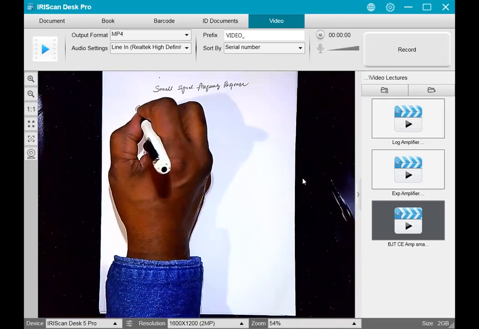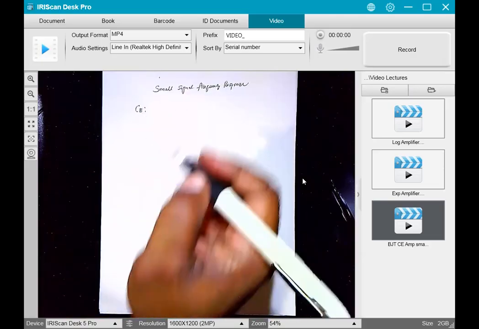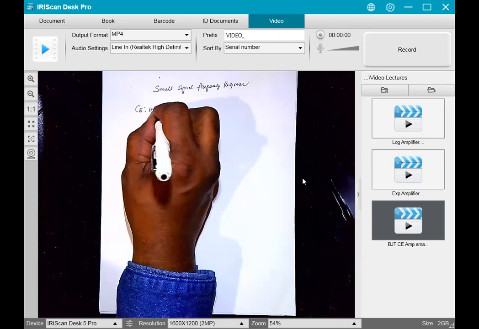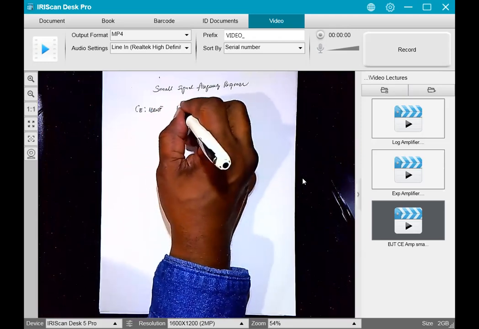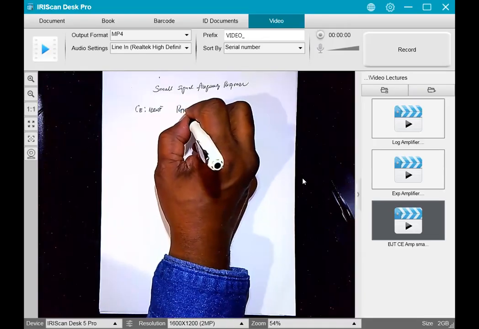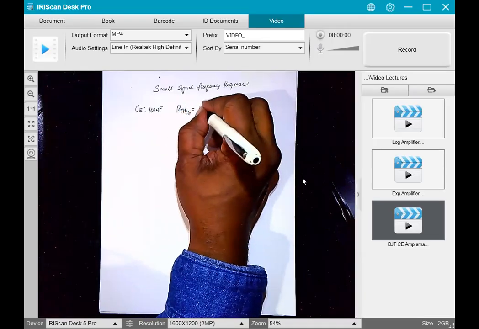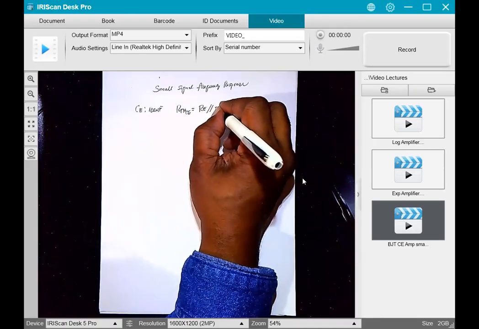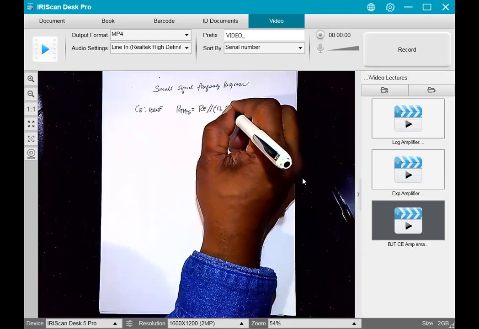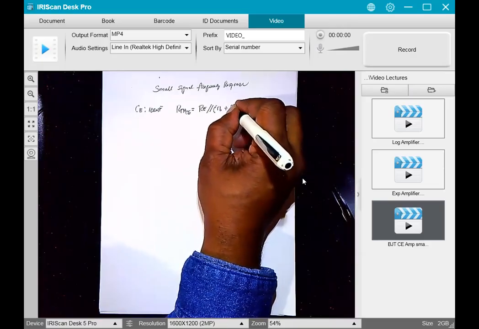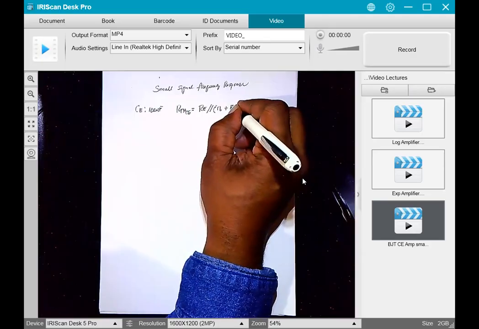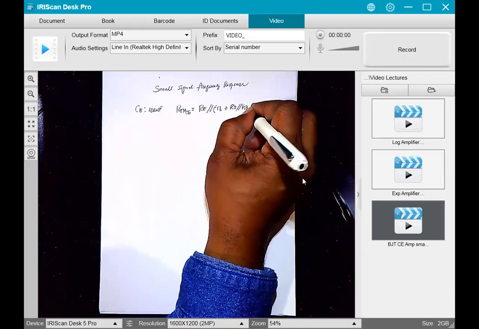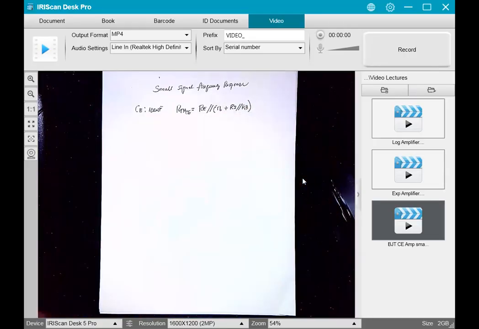For our CE capacitor, which is 100 microfarads, our R Thevenin CE is going to be RE in parallel with little RB plus our source resistance RS in parallel with big RB, which is R1 in parallel with R2.